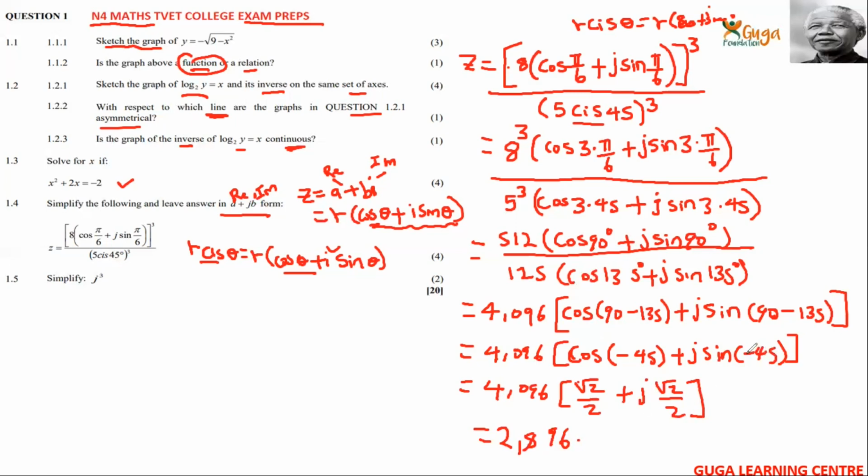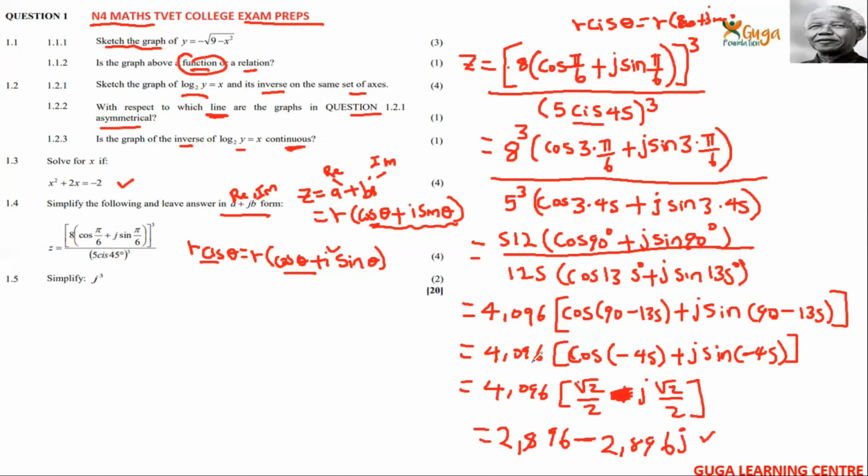Here, because you've got negative, the sine part should be negative, so minus 2.896j, right?